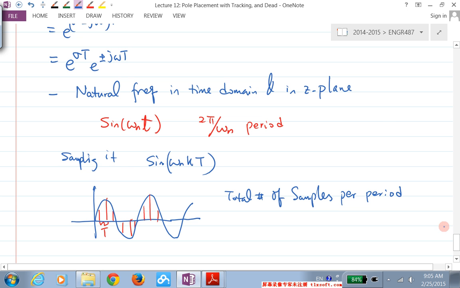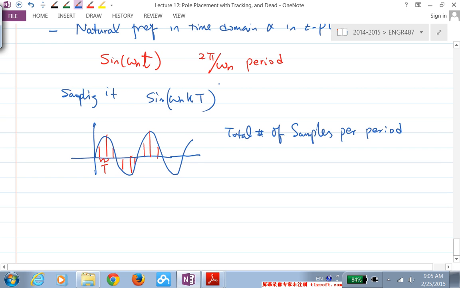How do we calculate that? I know the period is 2 pi over omega n for this original continuous sinusoidal signal. And I know the samples are separated by the sampling time T. So what will be the total number of samples?